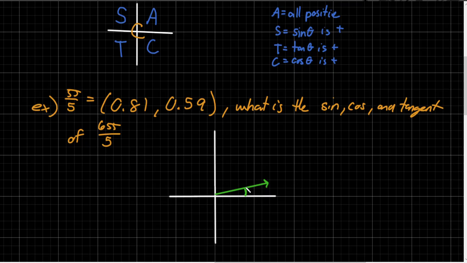Where would 6 pi fifths be? What quadrant? Get your unit circle. What quadrant would it be in? This is pi 6, pi fifths. So now I want to see where is 6 pi fifths.